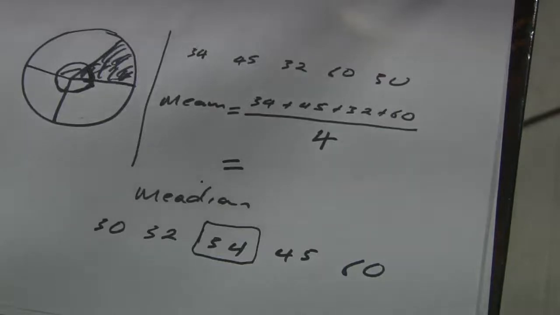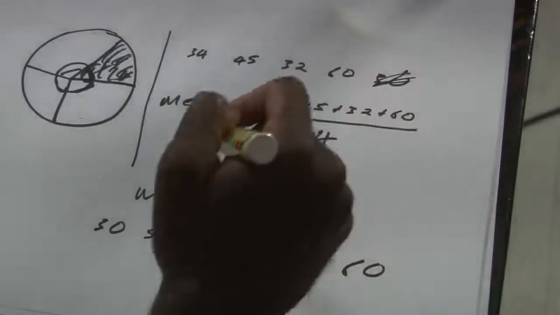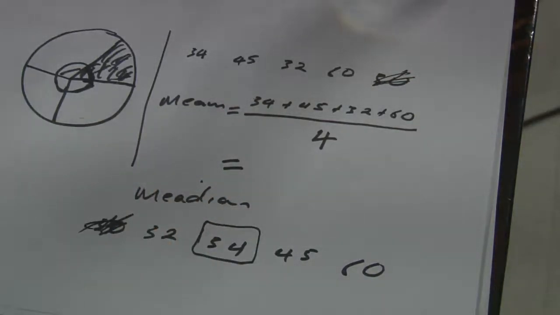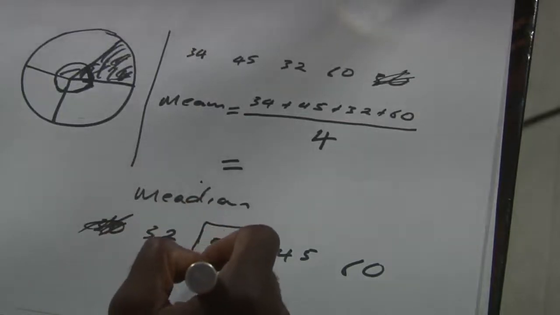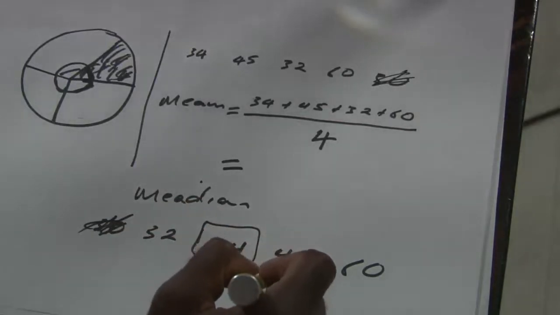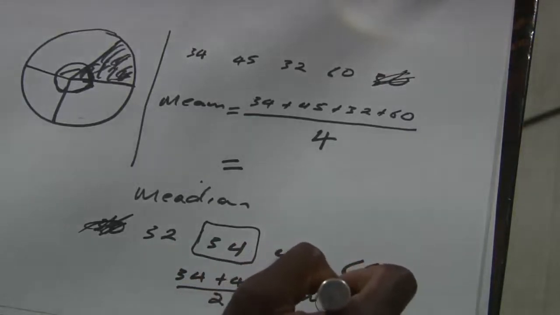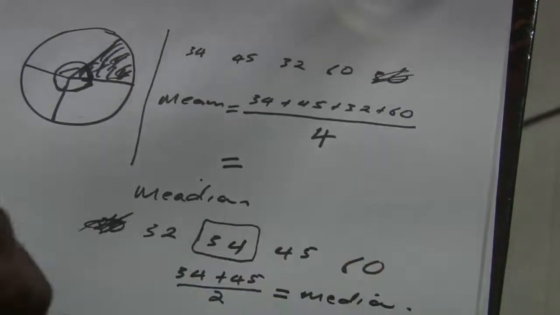But if the number is even, so let's suppose we get rid of the 30, which means we have 4 again, then you look at the middle 2 and take the mean of those, which means in our case 34 plus 45 divided by 2, and that will give us the median.